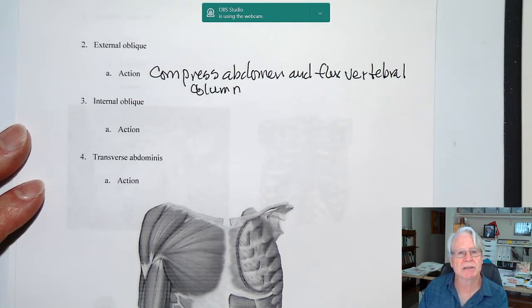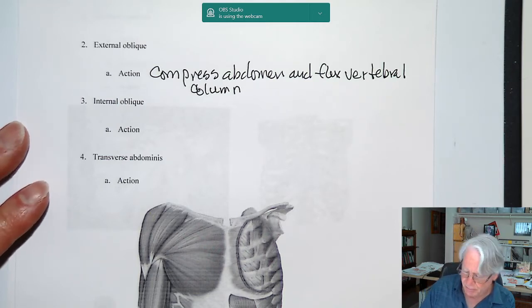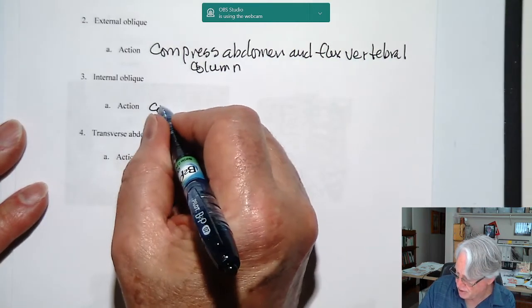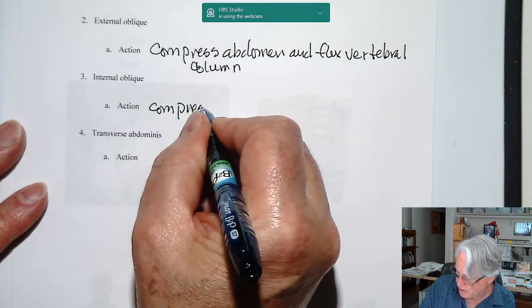So flexing the vertebral column is bending over like doing a sit-up.